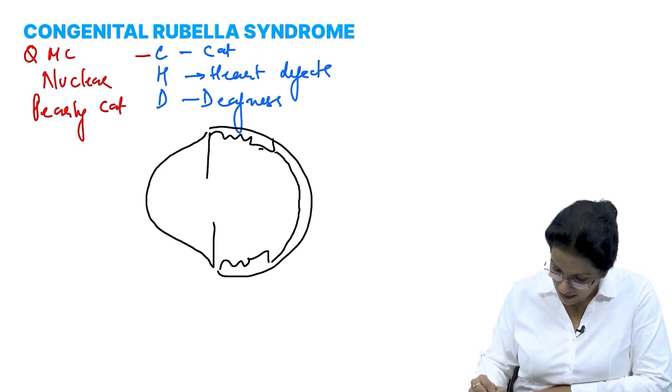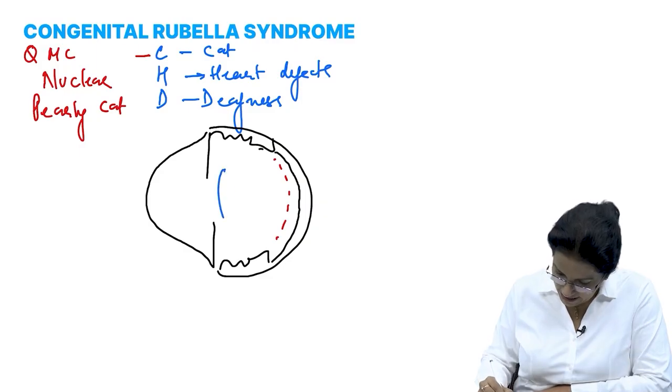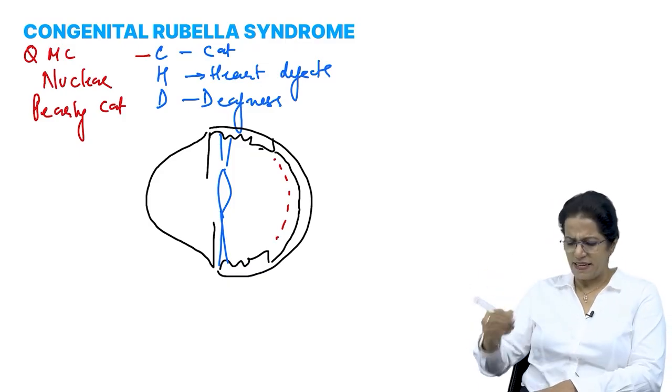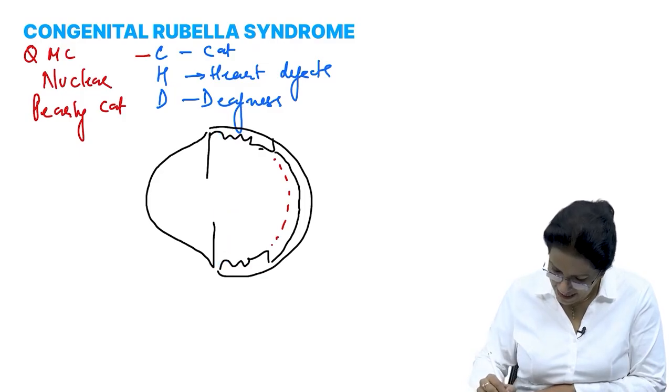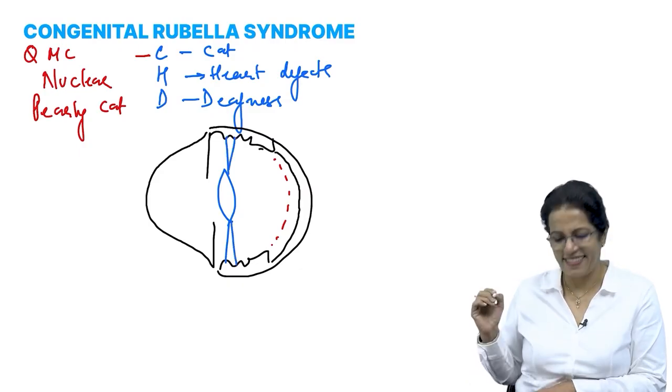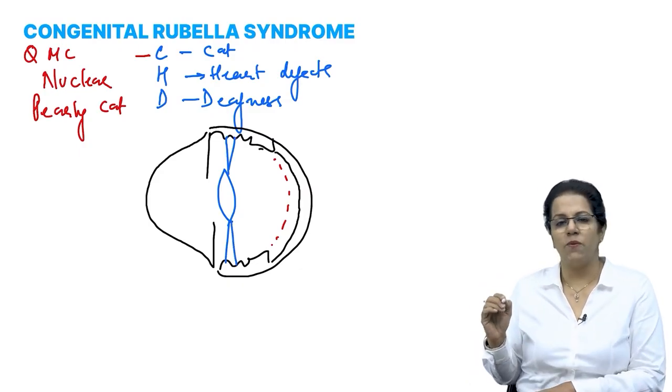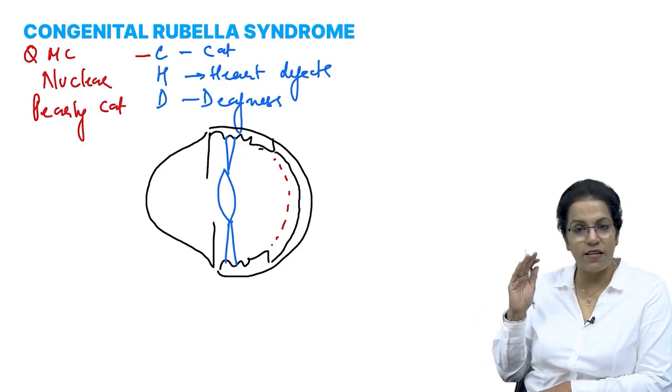And this dotted line is your retina, right? This is the lens, and this is the suspensory ligament. The lens should have been a little better, it's more flatter. So, okay, we make the lens again. This is the lens, and this is the suspensory ligament. Right, all of you?